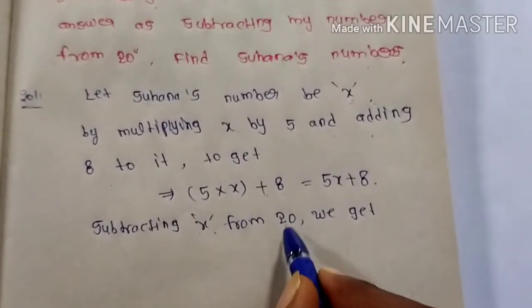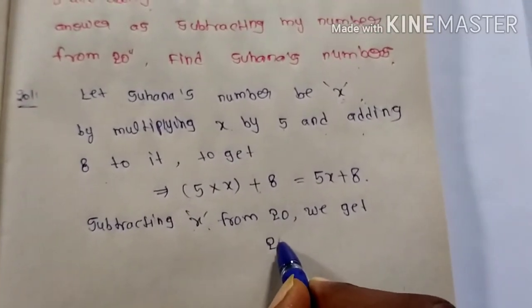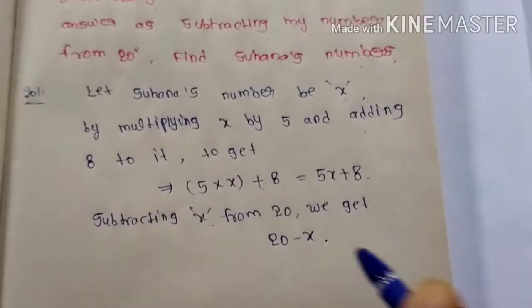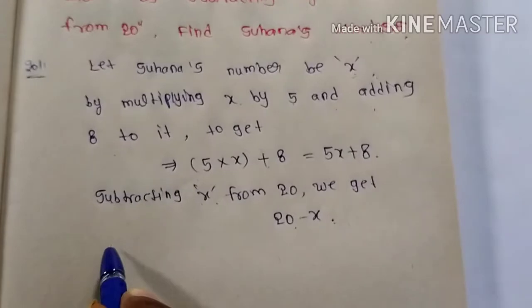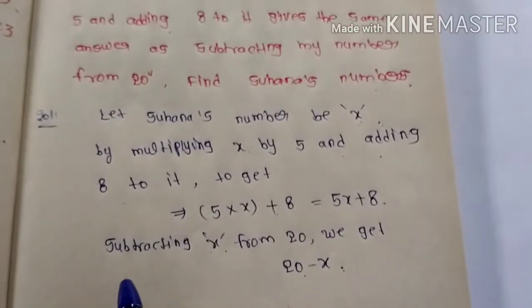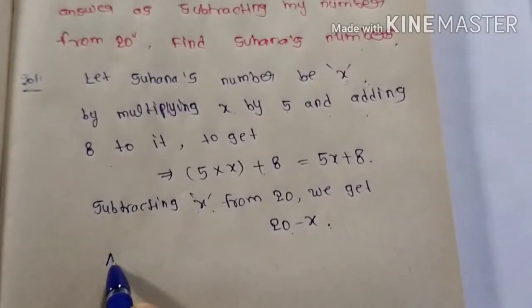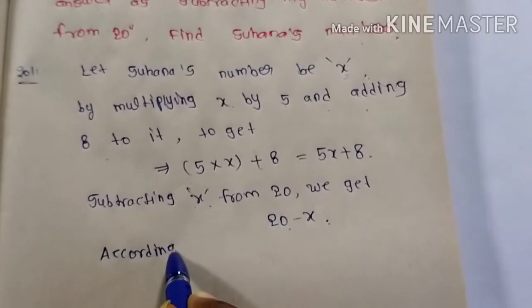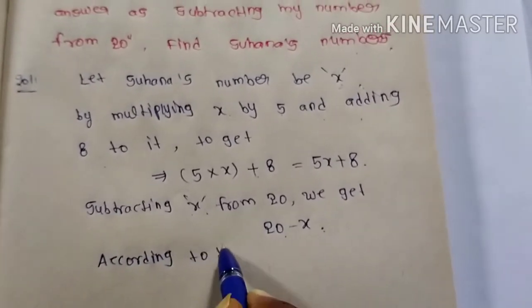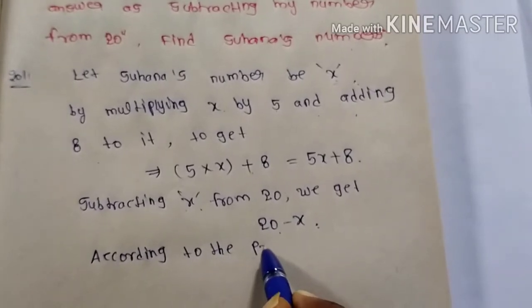Subtracting x from 20 means you get 20 minus x. By the given information, according to the problem, you can write.